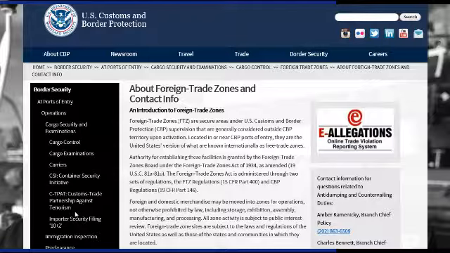So that is an interesting concept for you to look at, but I want you to really dig down and talk about the foreign trade zones. These are some of the resources that you can look at.